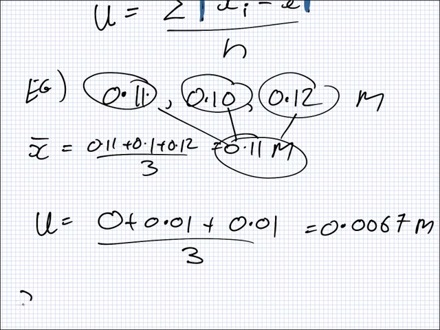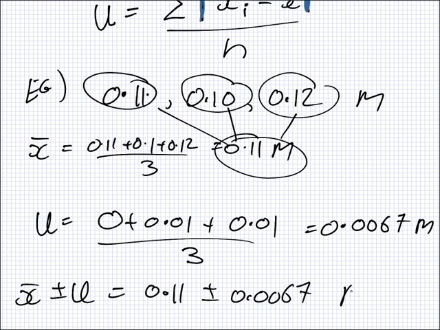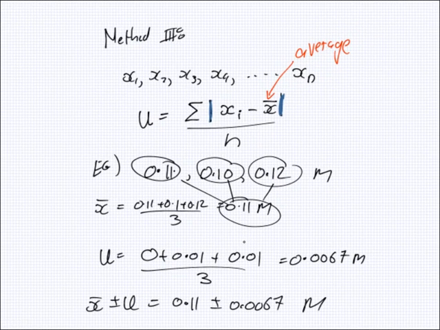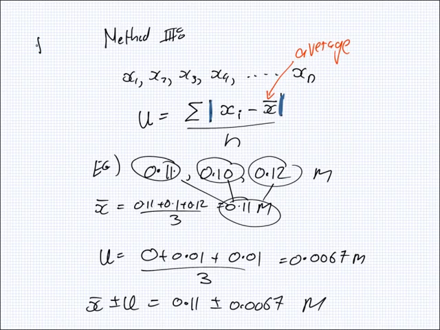So the answer is 0.11 plus or minus 0.0067 meters. Of course, this is the best method. But there are more methods. But this is all we need for now.